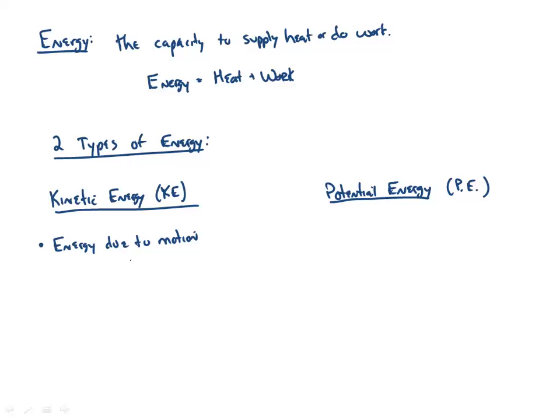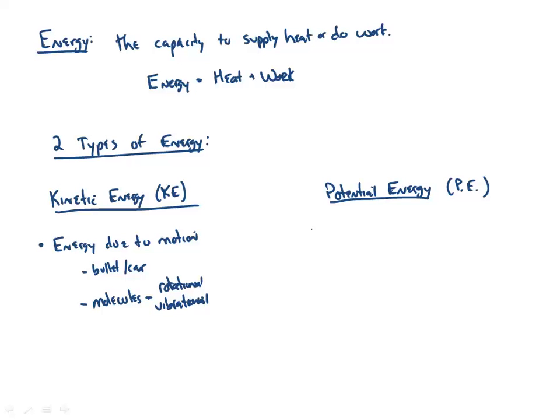And that motion can be something as simple as a bullet or a car, or in the case of molecules, we're generally going to be talking about rotational and vibrational energy. Rotation means the molecule is tumbling in space. Vibrations mean it's vibrating like a spring.